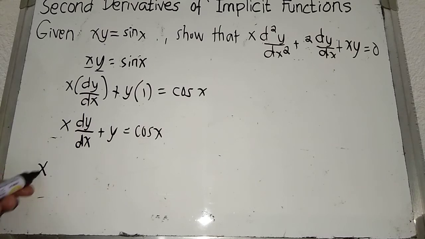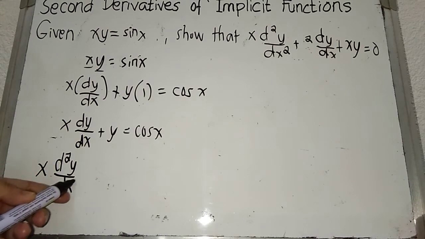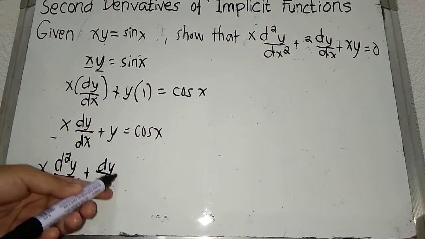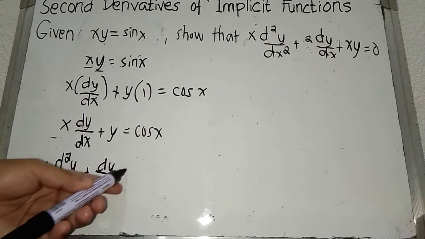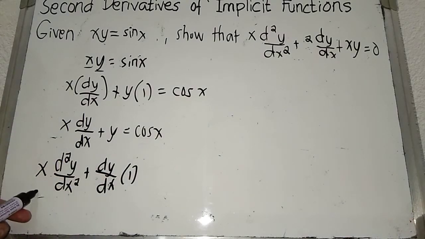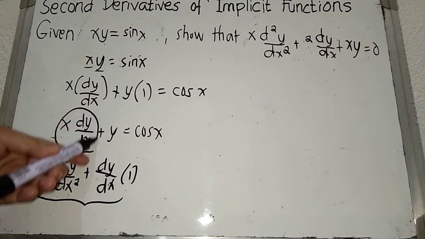So copying the x, getting the derivative of dy over dx, which is now the second derivative of y with respect to x, plus copying dy over dx times 1, which is the derivative of x. So this is our derivative for our first term.